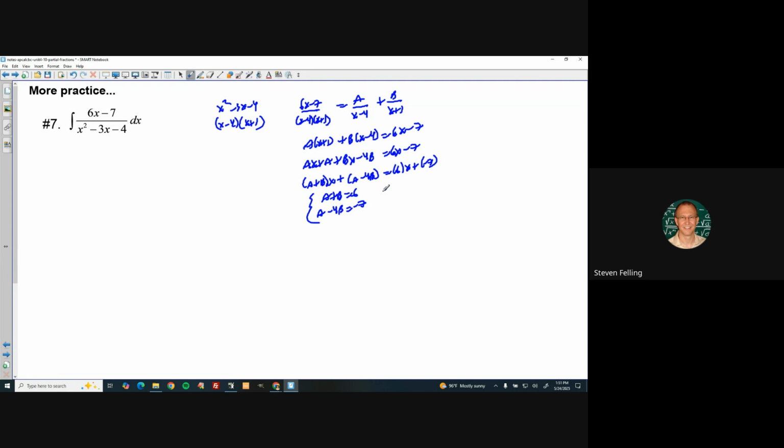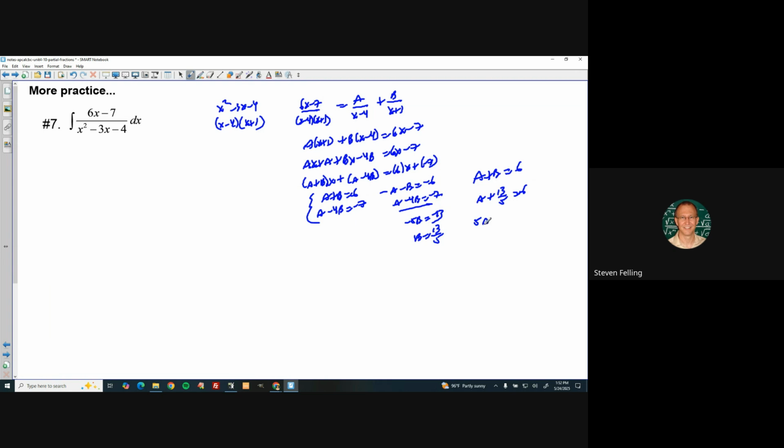Maybe we can negate the top row, so negative a minus b equals negative 6, and then a minus 4b is negative 7, so when we add the a's cancel, we have negative 5b equals negative 13, so b is 13/5. And then if we plug in a plus b has to equal 6, that b is 13/5.